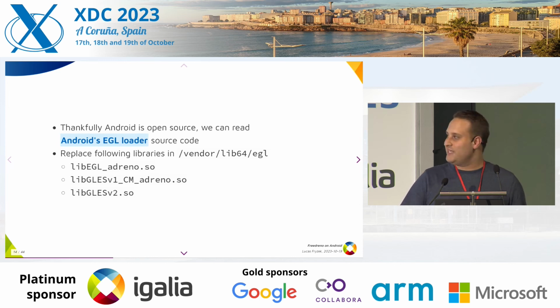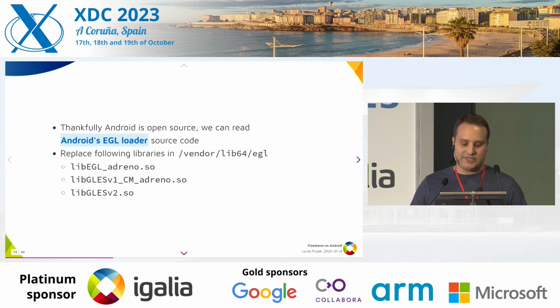You can just go into the EGL loader source code within Android and actually look at what libraries it loads, and find out that it loads libraries from the vendor lib64 EGL folder, and it loads these libraries based on a vendor name. So you have to add a vendor name to what Mesa builds so that it can actually load the driver that you're trying to work with.